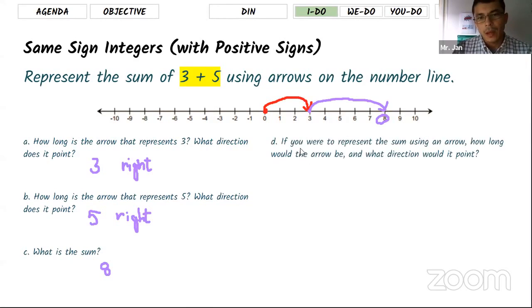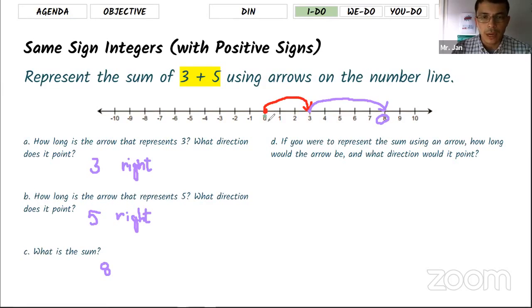So next one. If you were to represent the sum using an arrow, how long would the arrow be and what direction would it point? So let's say your sum is 8, and you're trying to represent that sum with an arrow. That means you need to start at 0, right?